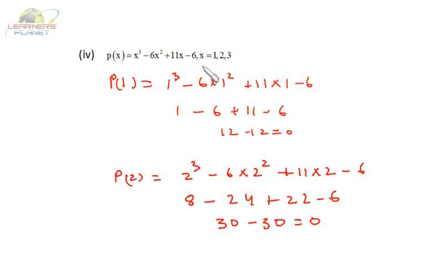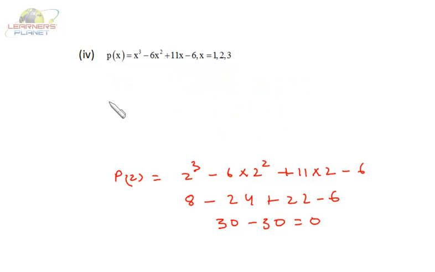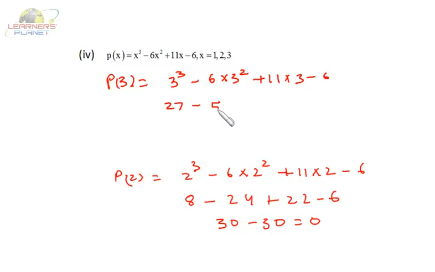Similarly we can check for 3. So P3 is equal to 3 cube minus 6 into 3 square plus 11 into 3 minus 6. So 3 cube is 27 minus, 3 3s are 9, that means 3 square is 9, into 6, 54, plus 33 minus 6.